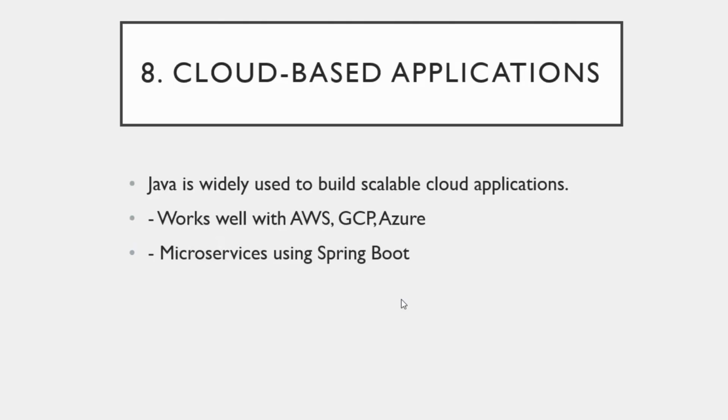AWS is provided by Amazon, GCP is provided by Google, and Azure is provided by Microsoft. With these three cloud providers, Java performs well. An example of cloud-based applications is microservices using Spring Boot.